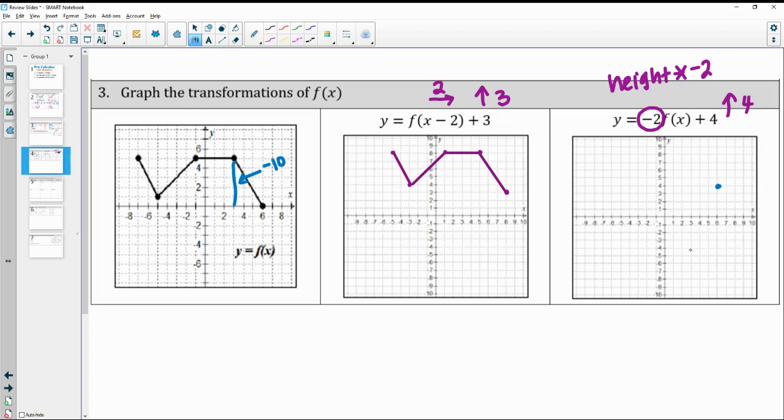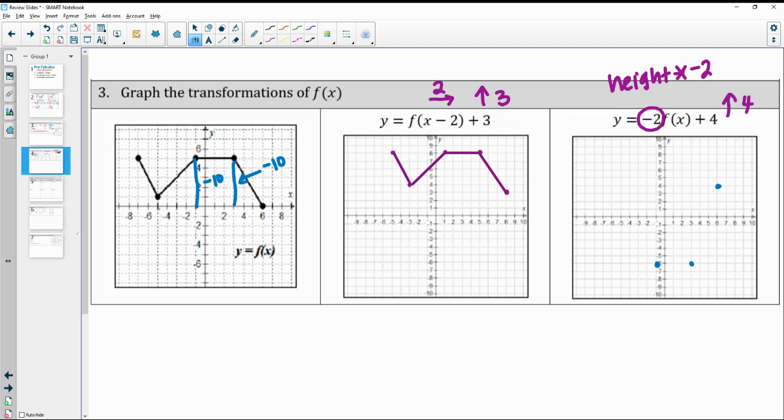So I'm going to go to 3, negative 10, and then I'm going to go 1, 2, 3, 4 up. So multiply by that negative 2 and then move it up 4 on the same x value. So this next one is at negative 1, 5. So again, this height is 5. It's now going to be negative 10. So at negative 1, I'm going to be at negative 10. And then I'm going to move up 1, 2, 3, 4 units.